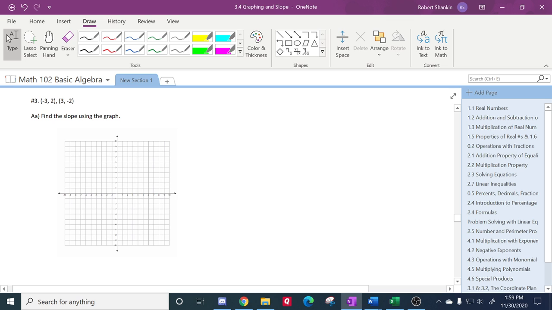Okay, here's 2 points. Find the slope using the graph. So the method of graphing, let me give you a minute. Draw this on your own and label the run first and then the rise.